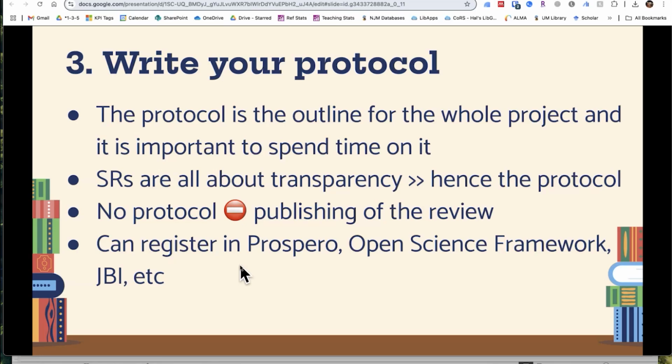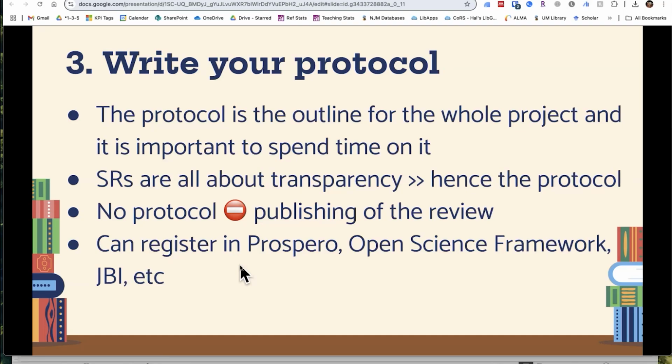Maybe your search method might change a little bit, but you typically are not changing the question, your inclusion or exclusion criteria, or your outcomes studied, because what it's trying to get rid of is that you would do the systematic review, but then based on the literature, you suddenly find that it's not telling you what you wanted it to tell you about how effective, say, cannabis is at treating cancer pain. And so you adjust the study to meet what you wanted the literature to say. So you don't change those things once they have been published or registered.